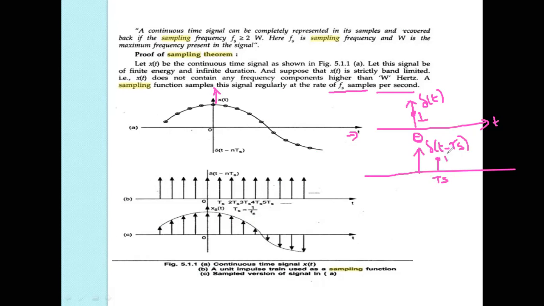This magnitude is also 1, my dear students. And the next one, delta of t minus 2Ts, is shifted by two samples, with the same amplitude 1.